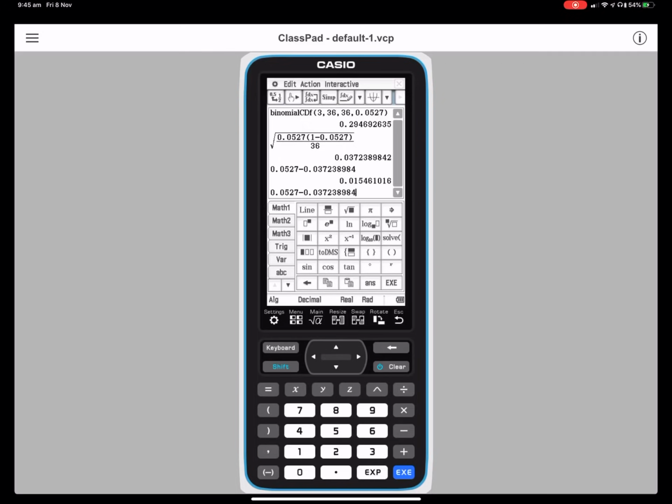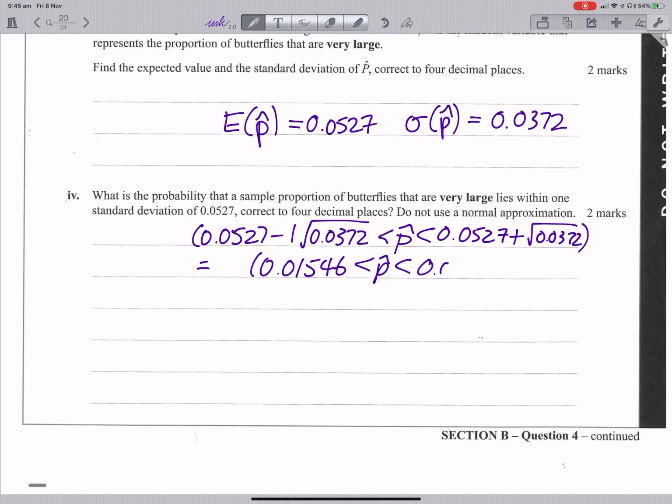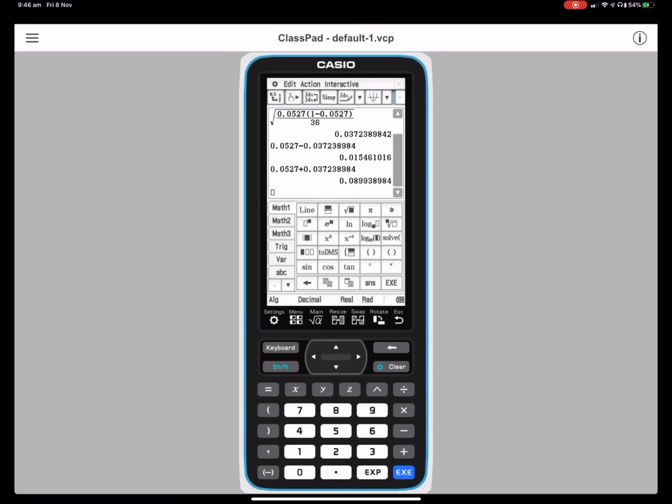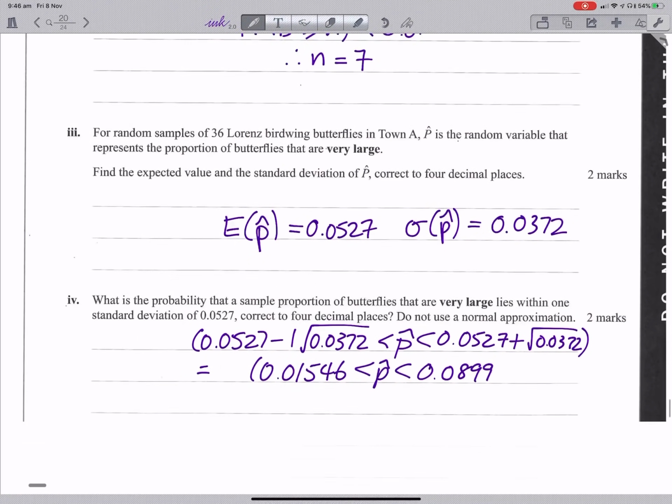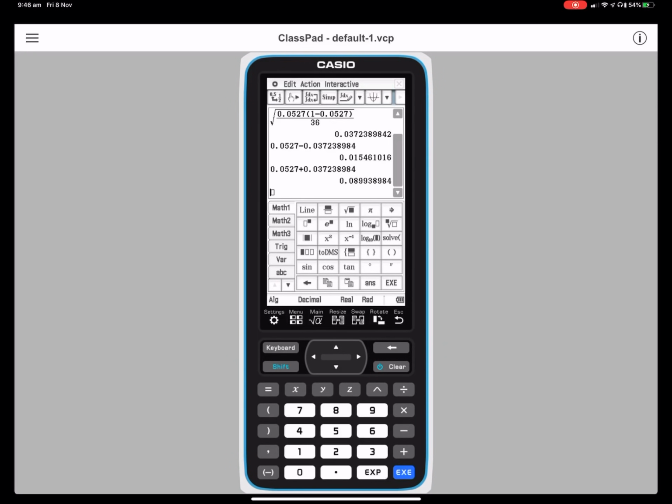So the same thing, but this time a plus, 0.0899. To convert it to x values, we multiply by the sample size, which is 36.